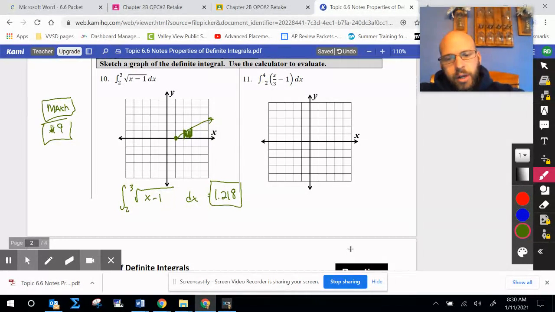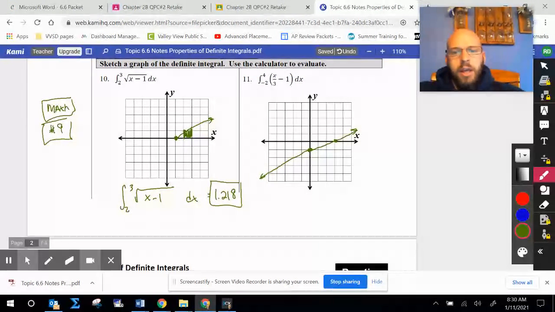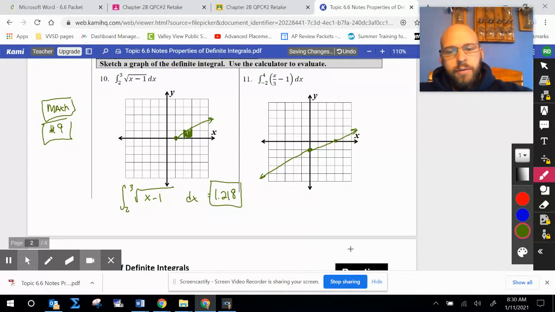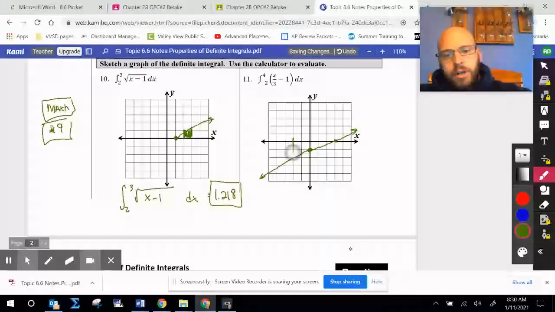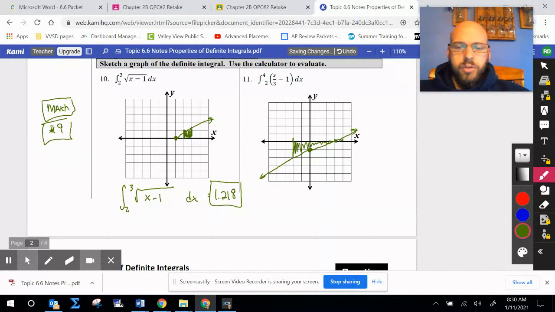Okay, if I start at the y-intercept of -1, sorry, I go up 1/3, right? I get a graph that looks like this. And I want the area under the curve from -2, right, all the way to 4. So odds are this is going to be negative, right?